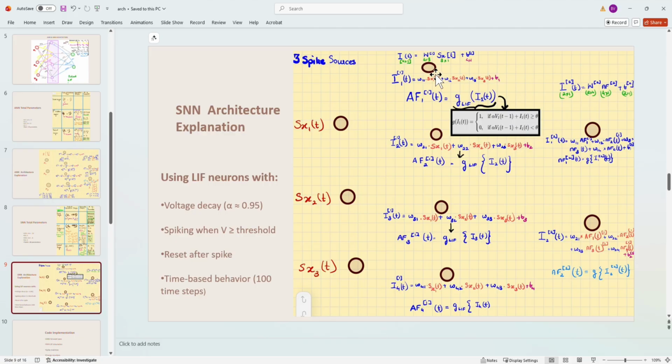So let's consider that one neuron represents a bucket of water. The water inside this bucket represents the voltage, and the water that flows into the bucket represents the current.